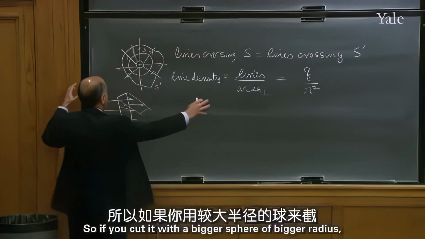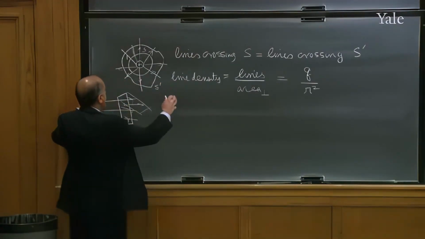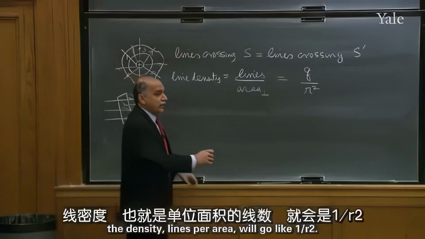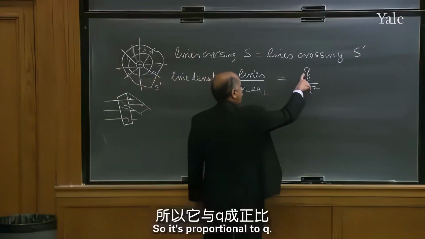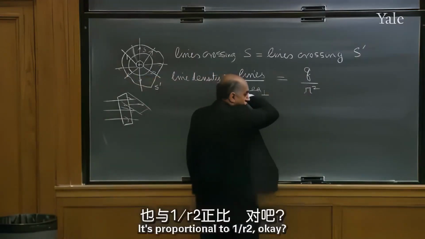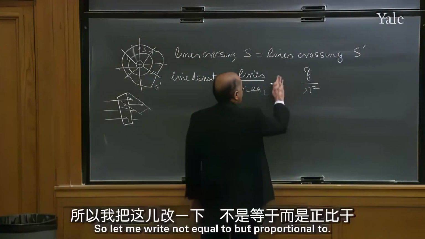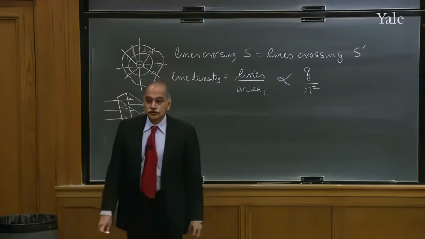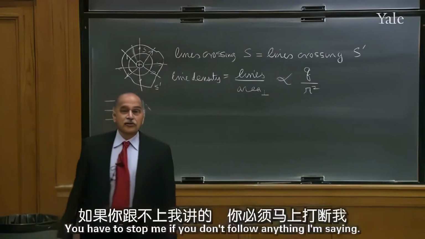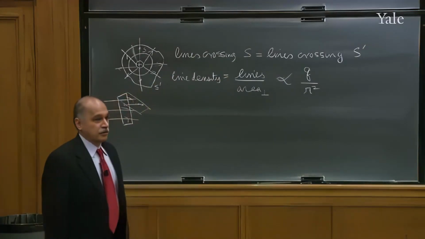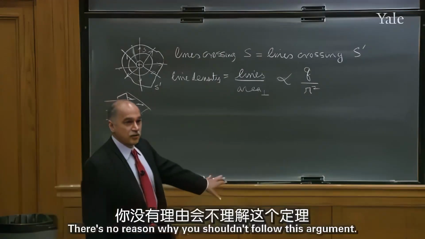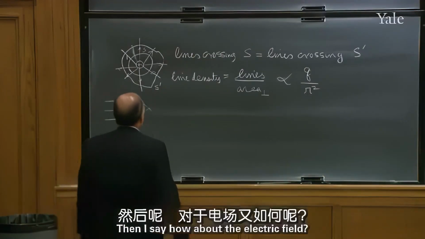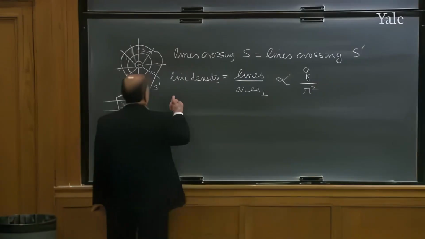So if you cut it with a bigger sphere of bigger radius, the density, lines per area, will go like 1 over r squared. So it's proportional to q. It's proportional to 1 over r squared. Okay? So let me write it not equal to, but proportional to. You have to stop me if you don't follow anything I'm saying. There's no reason why you shouldn't follow this argument. Then I say, how about the electric field?